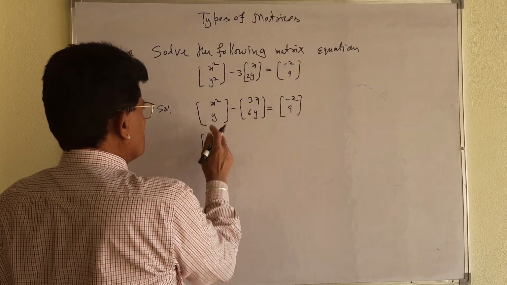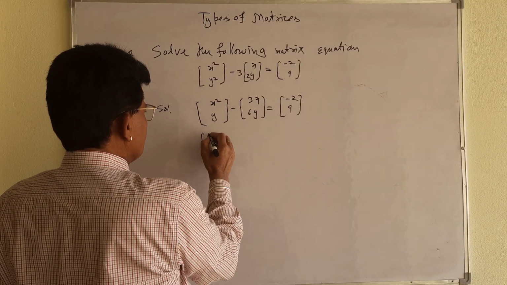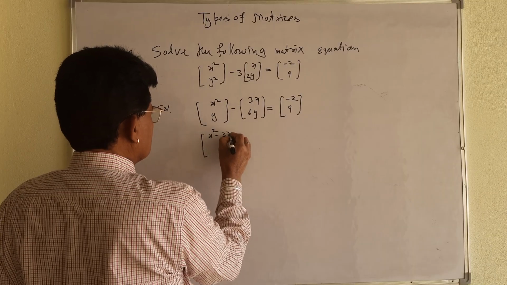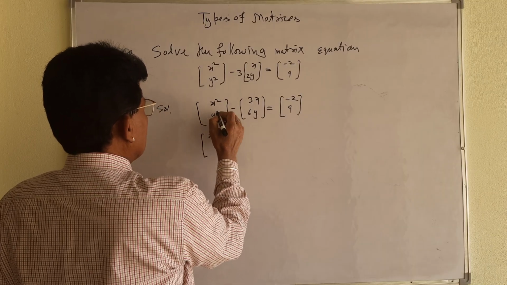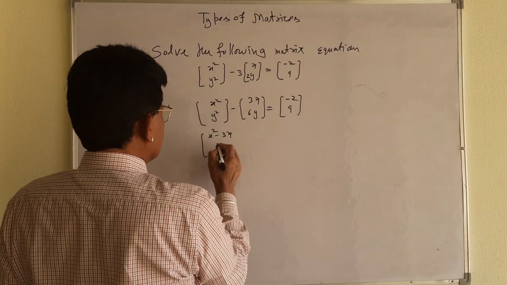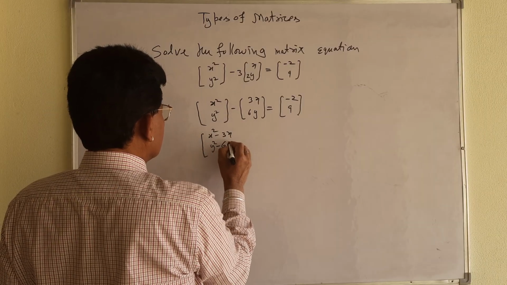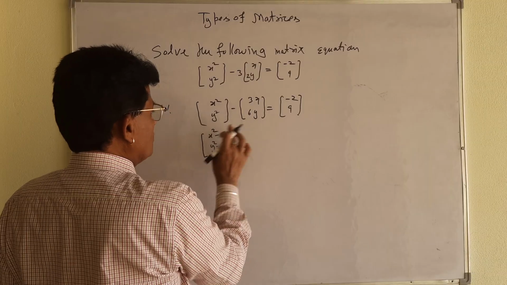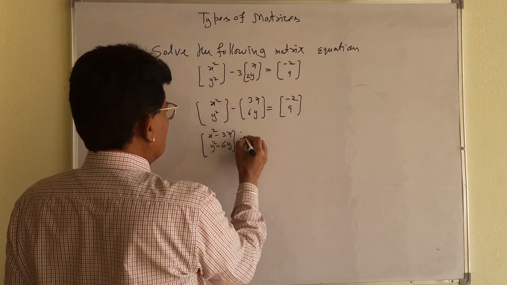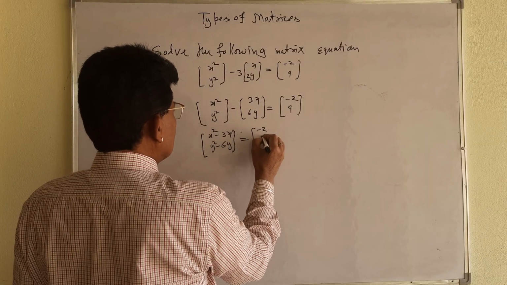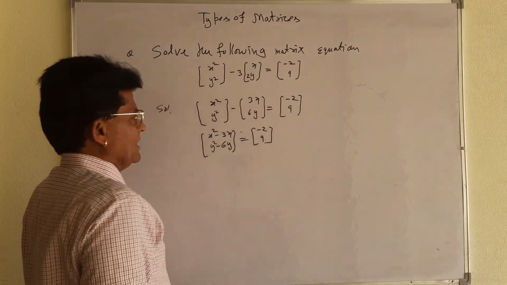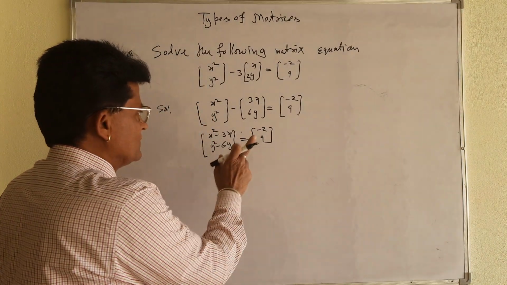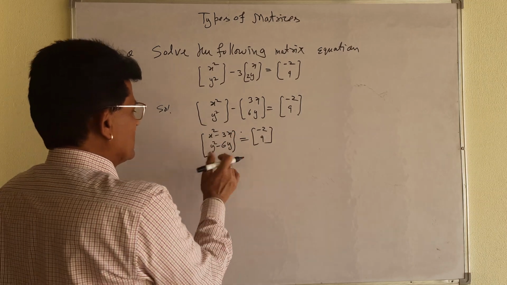You will subtract only the corresponding elements: x square minus 3x, and y square minus 6y. That is the subtraction of these two matrices. It will be equal to minus 2 and 9. And my dear student, just before I told you, two matrices will be equal if the order is the same. You see, the order is the same, right?